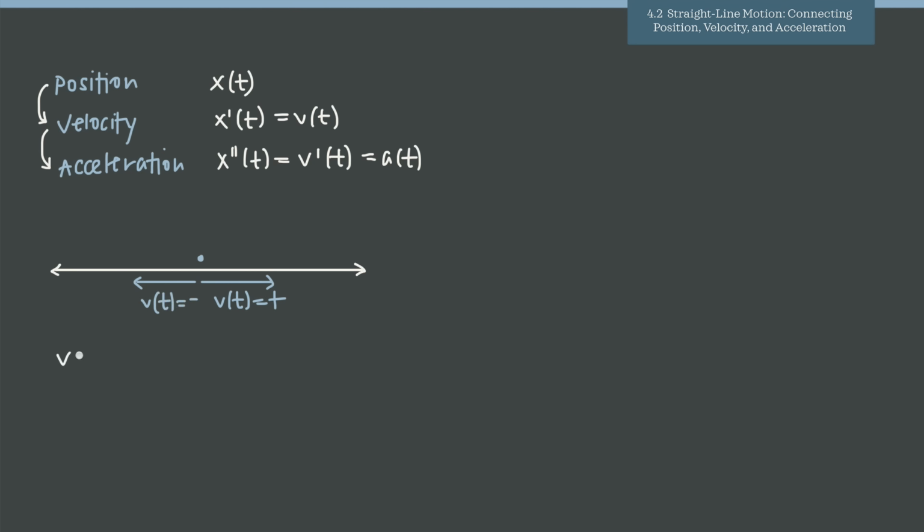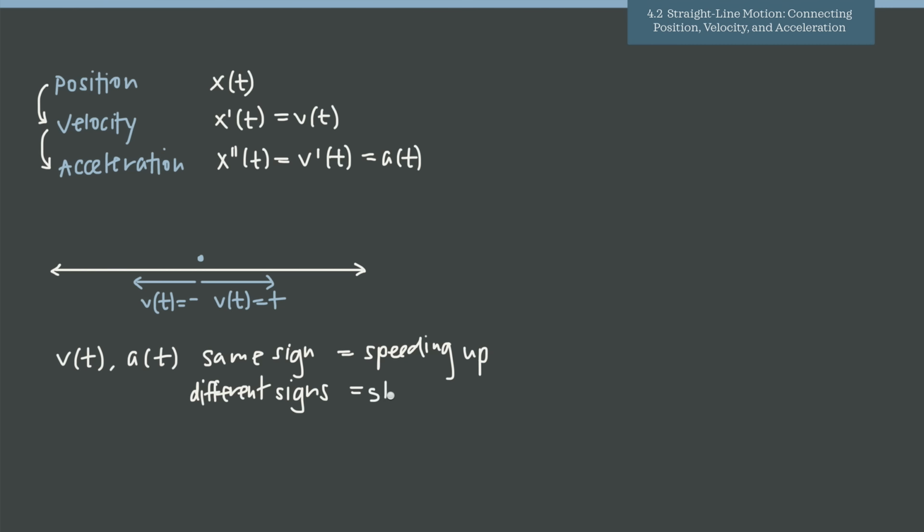We also want to know that when velocity and acceleration have the same sign, the particle is speeding up, but when they have different signs, the particle is slowing down. We also want to be able to say that the absolute value or the magnitude of velocity is going to be equal to the speed of the particle. So if we want to find speed of the particle, we just take the absolute value of velocity.